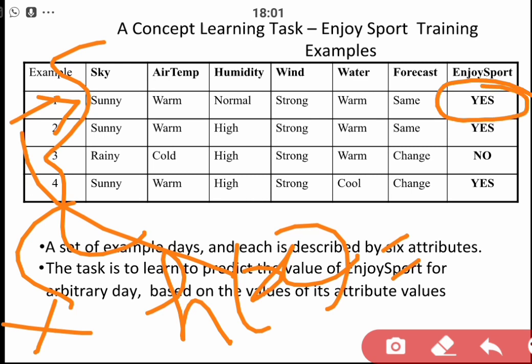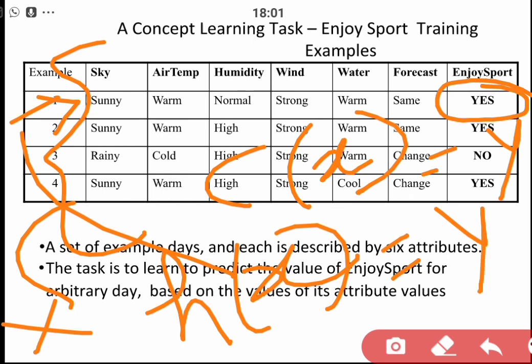That is, in the actual case our concept function, when applied on the values of x, is giving you a y. So our hypothesis also gives you a y. This is our goal: how are we going to find a hypothesis that returns the same value as our actual function is returning.